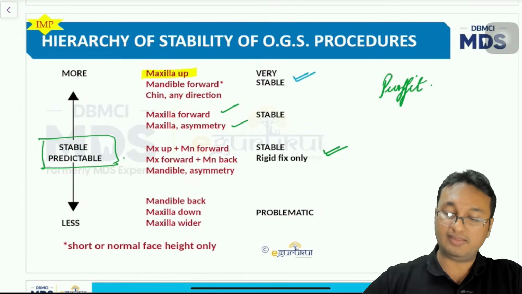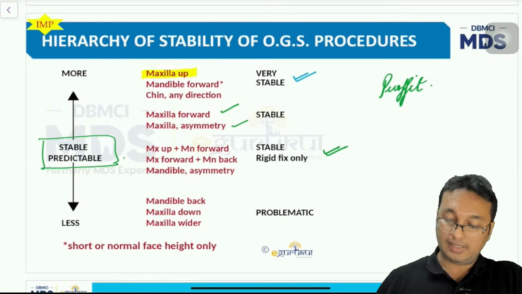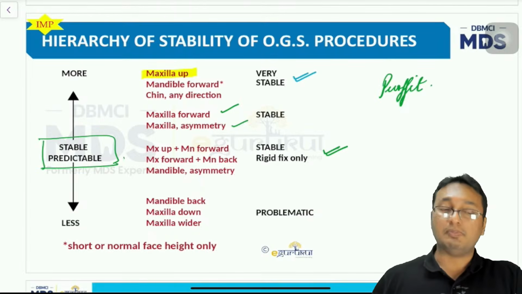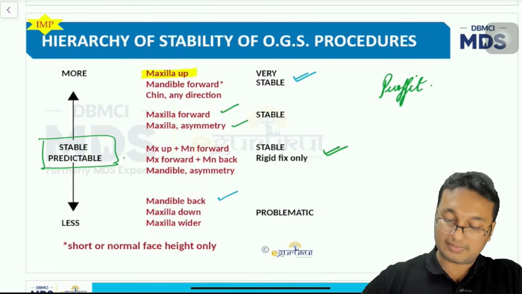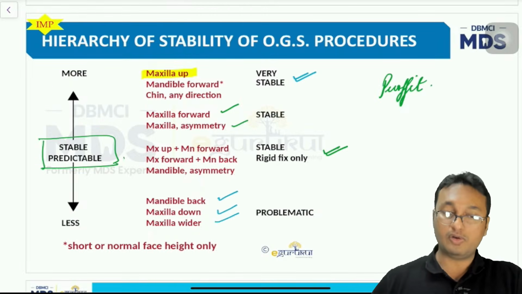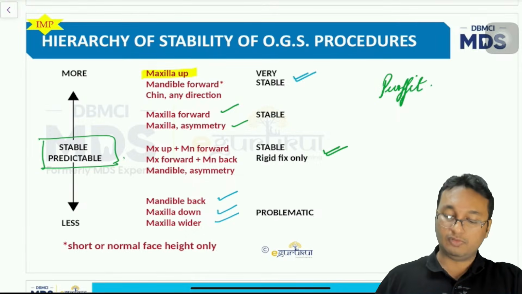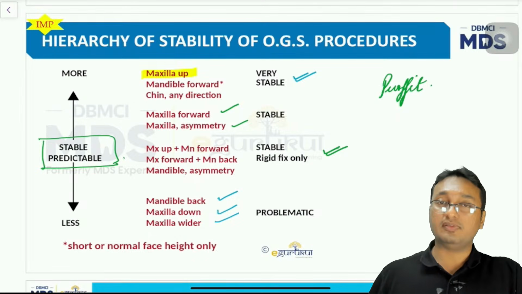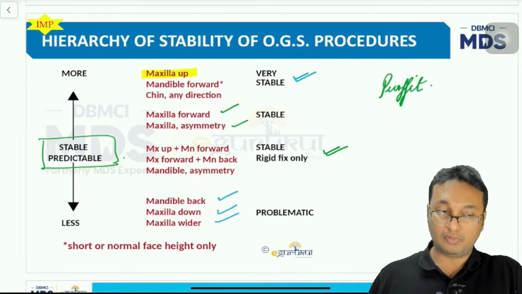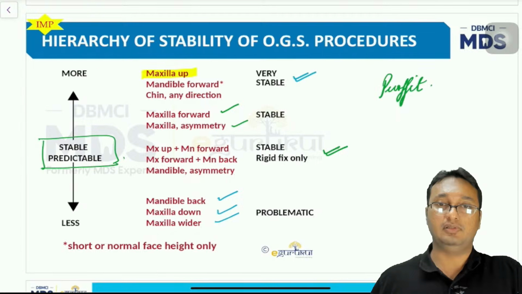These procedures are very stable. But on the other hand, if you move the mandible back, or you move the maxilla down, or you expand the maxilla transversely, these are problematic, and the prognosis of stability of these procedures for a long term is questionable.